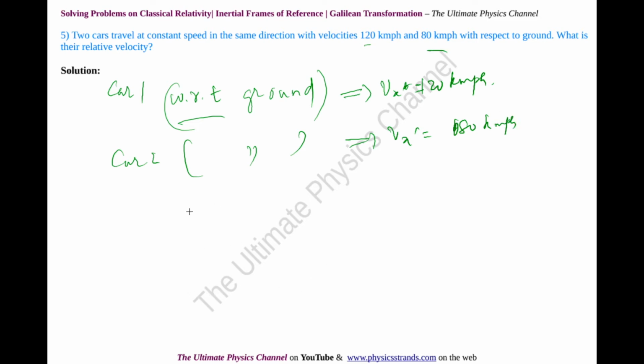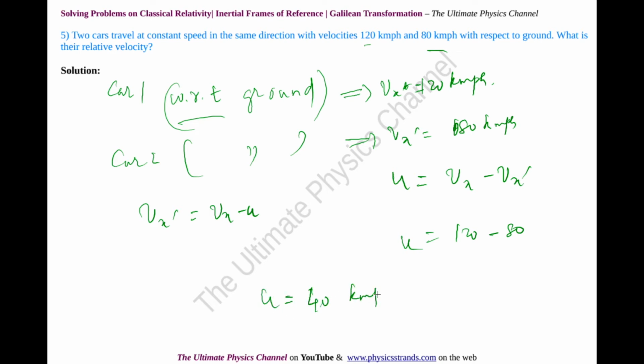Now what is the relative velocity? Using the equation Vx prime is equal to Vx minus u, u is equal to Vx minus Vx prime, which is 120 minus 80 kilometers per hour. So the relative velocity between the two cars is 40 kilometers per hour. That is the answer to this question.